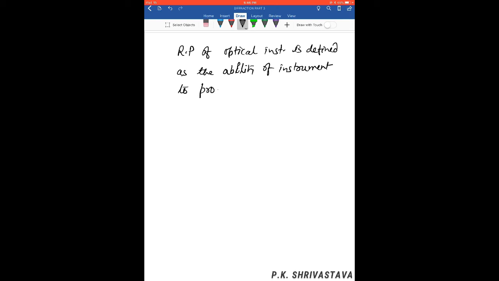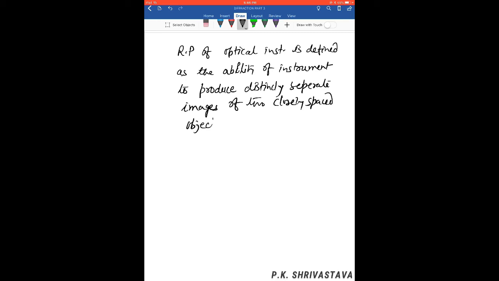The resolving power of an optical instrument is defined as the ability of the instrument to produce distinctly separate images of two closely spaced objects.